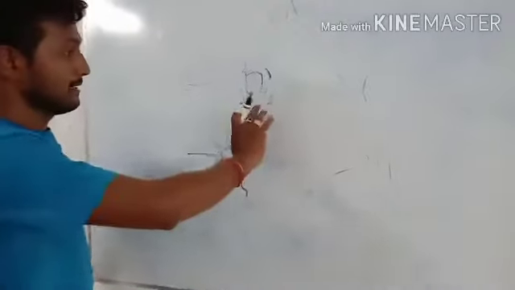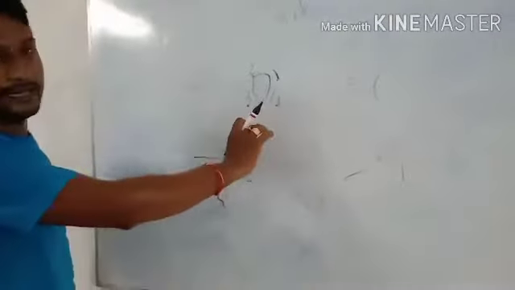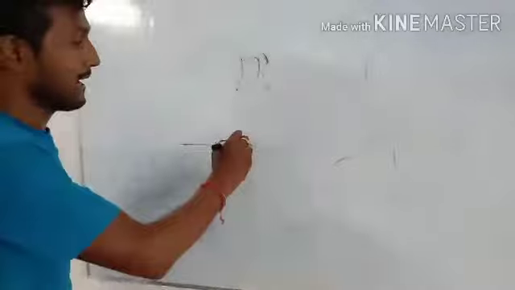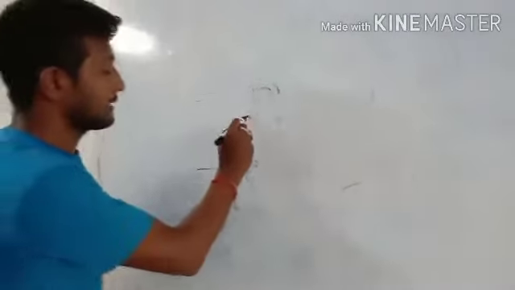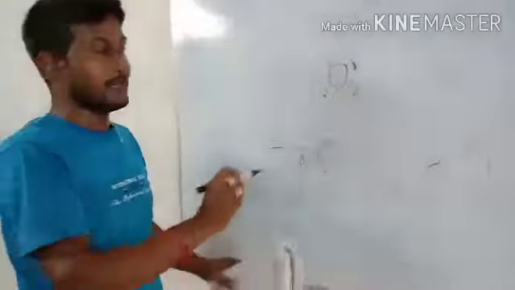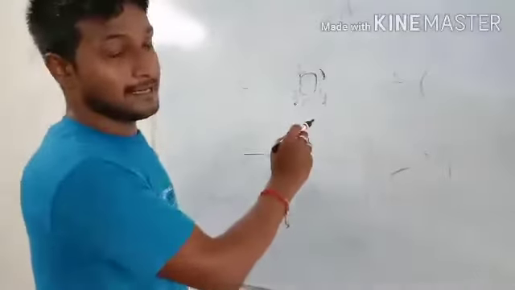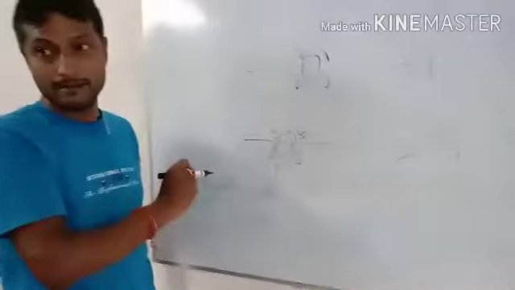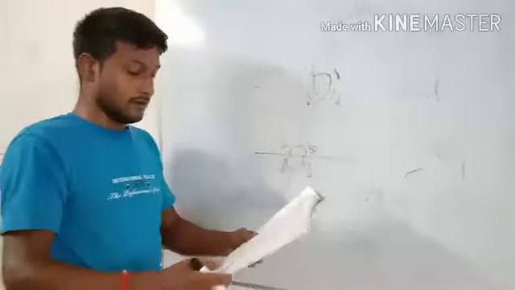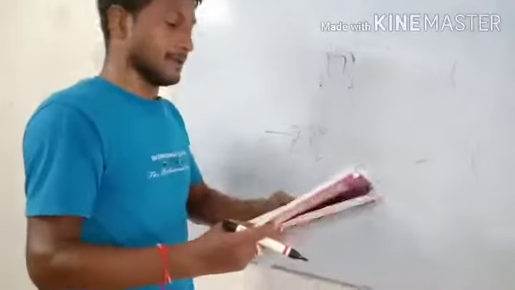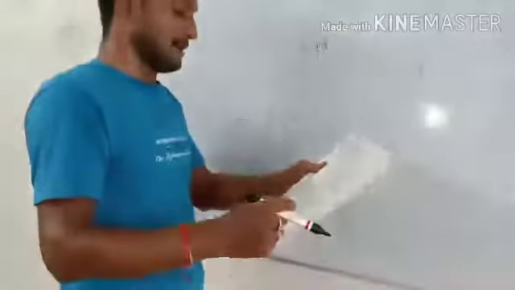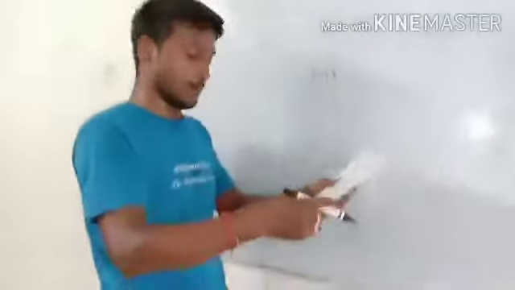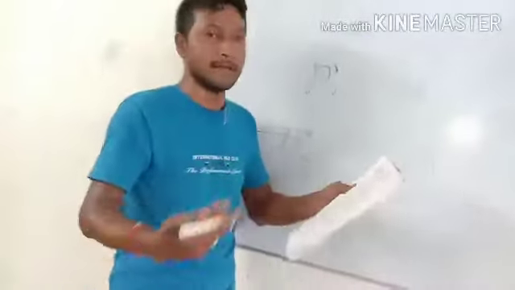So on the right side, what are the interior angles? Angle 4 and 5, and on the left side, angle 3 and 6. So co-interior angles are angle 4 and 5, 3 and 6. Okay. So these are the angles. You just draw the figure from your book and write the angles that I am telling.